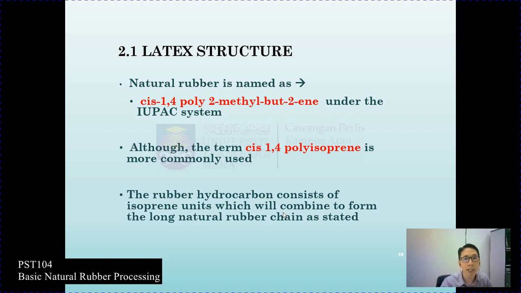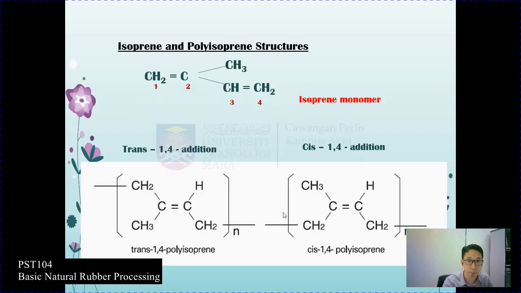Although the term cis-1,4 polyisoprene is more commonly used. So in polymer technology, the common name for cis-1,4 poly-2-methyl butene is cis-1,4 polyisoprene. The rubber hydrocarbon consists of isoprene units which combine to form the long natural rubber chain as stated.